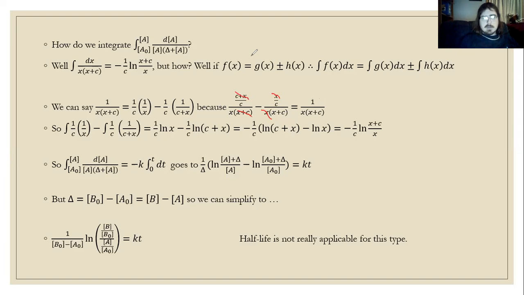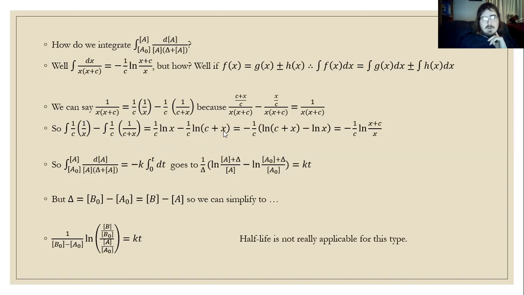Remember, c is our delta. C is our constant. C is something that when we integrate will not show up. With that in mind, we can take each individual integral and do that. So the integral of that is going to be ln of x times 1 over the constant delta, and this is going to be ln of (c plus x) times 1 over c.